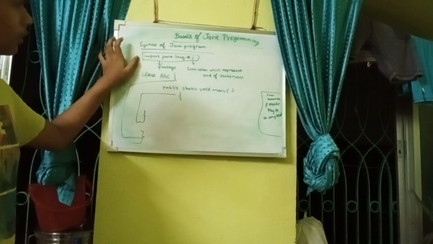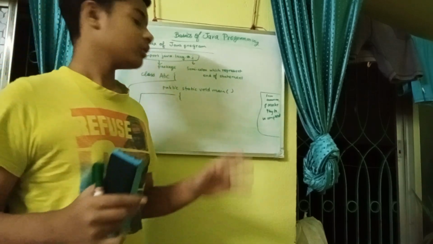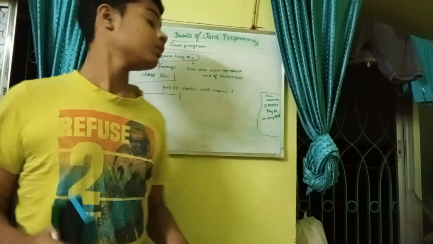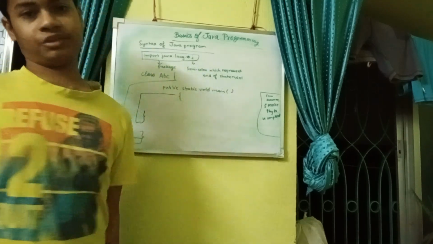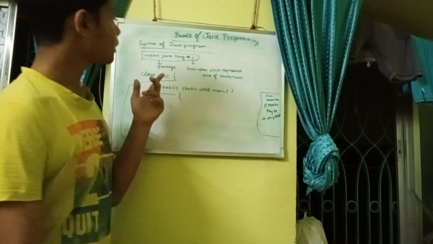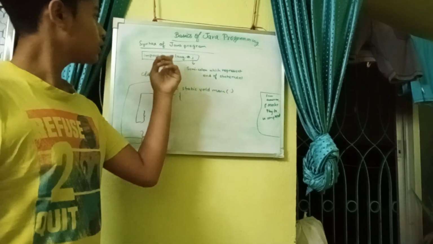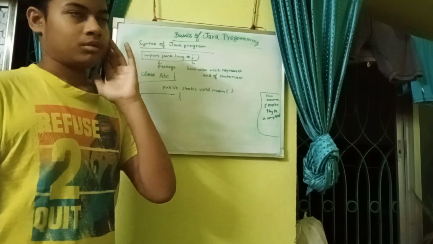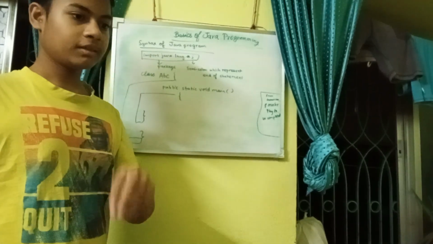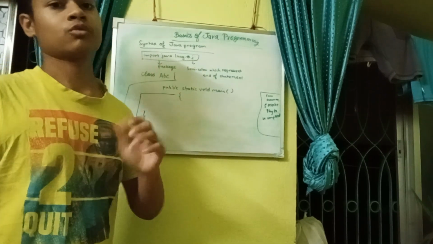This total box is called a package. This is the Java package. This package is only used for normal purposes. For class 8 level, the lang package will be used only.